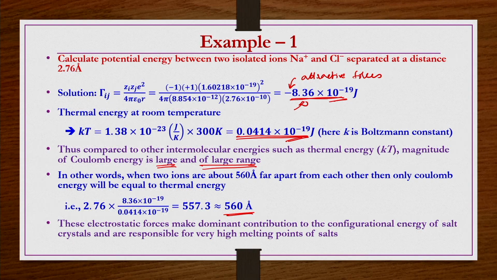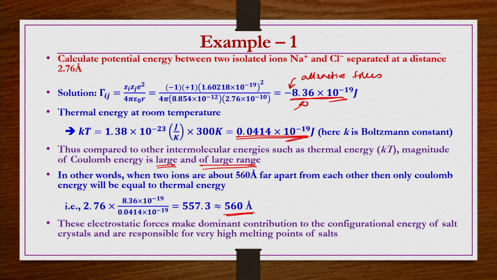But if you increase the distance to 560 angstroms, a very large distance, there is still an intermolecular potential between these two, and it is equal to the thermal energy. That is what we mean by long range. They exist at longer separation distances.